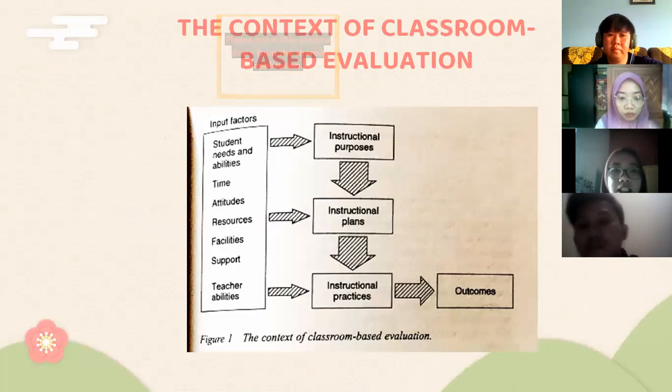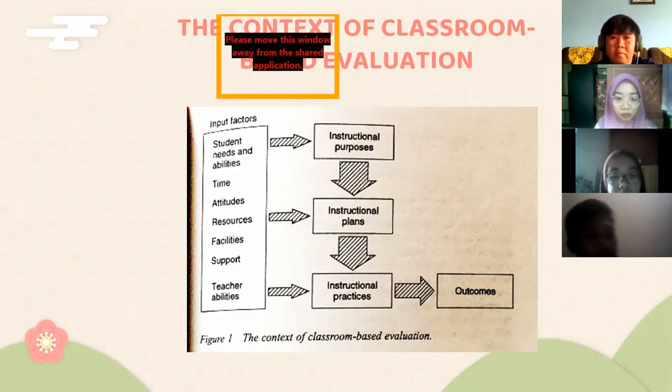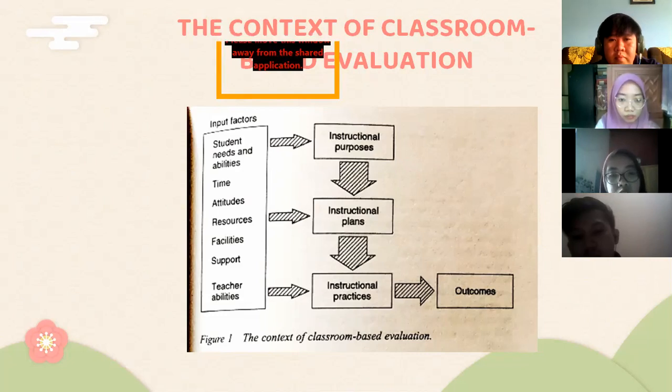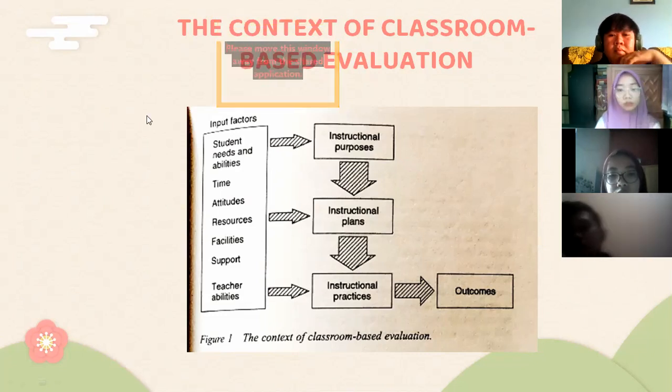Okay, here it's about the context of classroom-based evaluation. Figure 1 summarizes the aspects of teaching and learning that play a role in classroom-based evaluation. Here there are 4 components: the first one is instructional purposes, then instructional plans, practice, and also the outcomes.